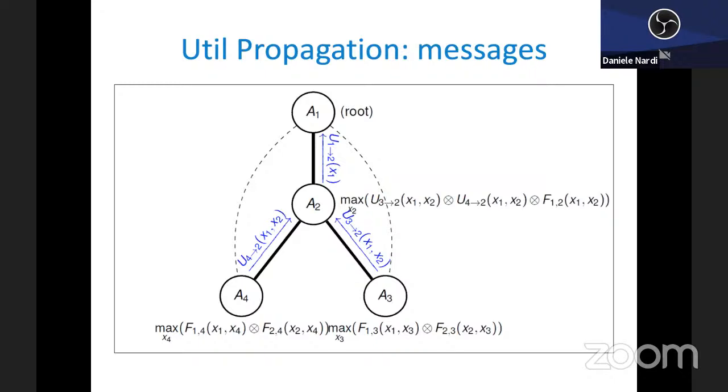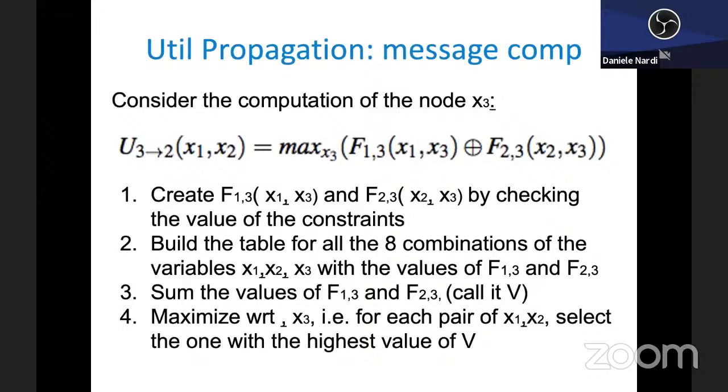Now let's try to understand what these messages are. Let's take one example. This is the example with the message that agent 3 is sending up to agent 2. We have already seen that the separator in this case is given by the two variables x1 and x2. And therefore, according to the definition, the agent should compute the maximum with respect to x3 of the two functions that determine the cost of the constraints between 1 and 3 and between 2 and 3.